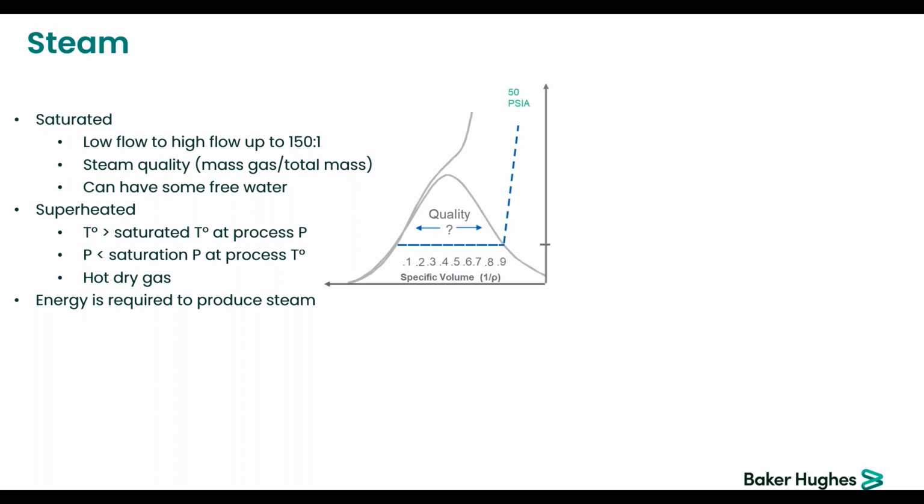If it gets below, there's a high risk of the second phase being too big and we will have signal losses. So if the steam quality is below 0.92, I would not recommend using ultrasonics, but I would say the vast majority of steam applications are at 0.92 and above.